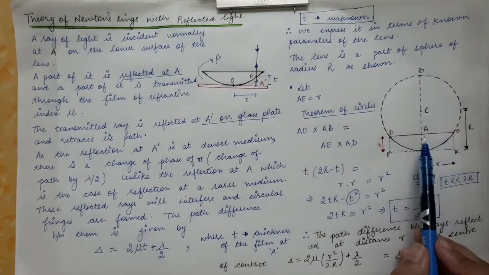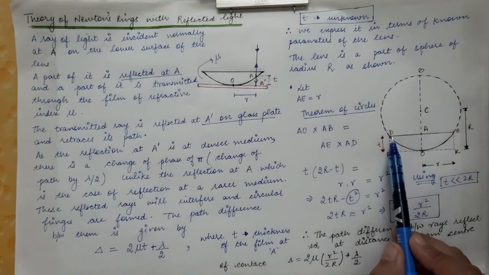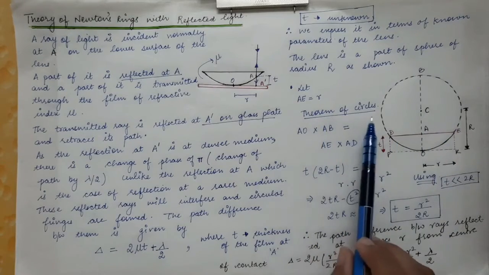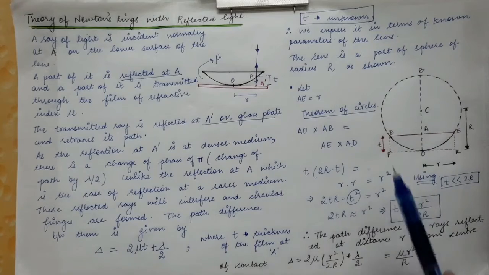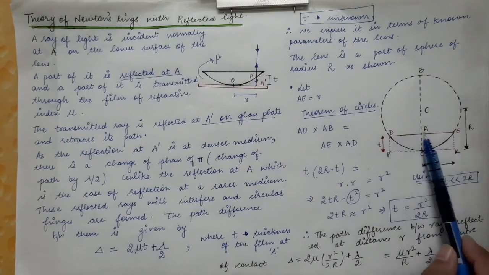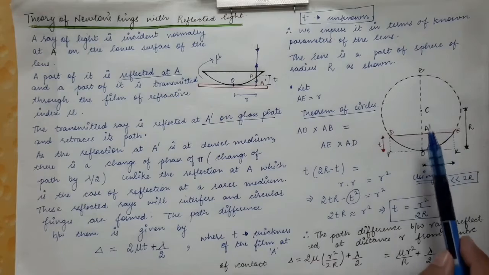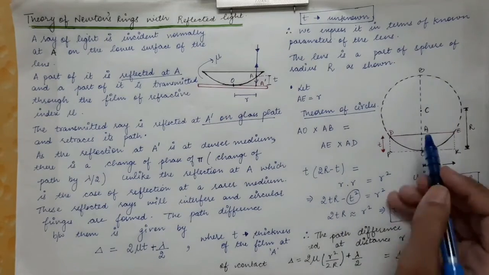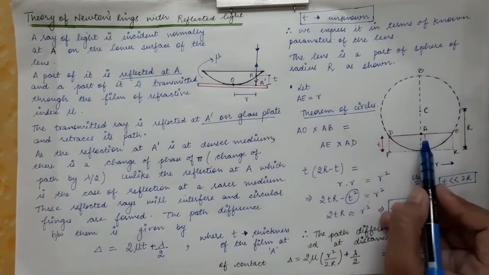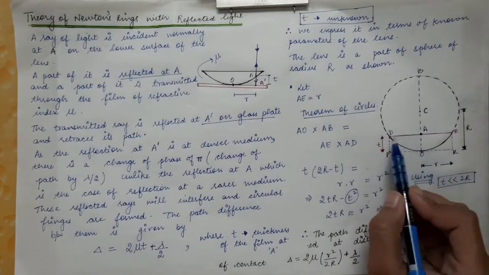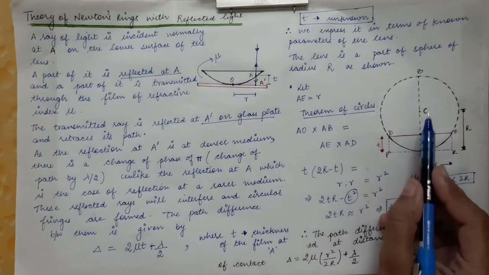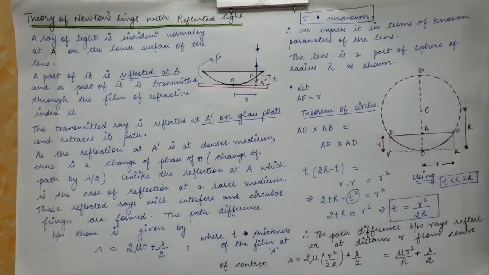So AE distance is small r, and AD distance will also be equal to small r. Now we will use the theorem of circles, which tells us that AD into AE is equal to OA into AB. This is the theorem of chords in case of circles.